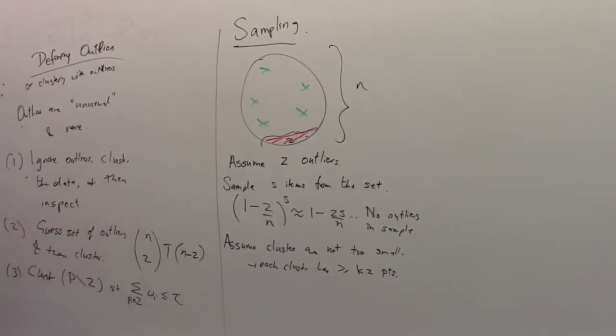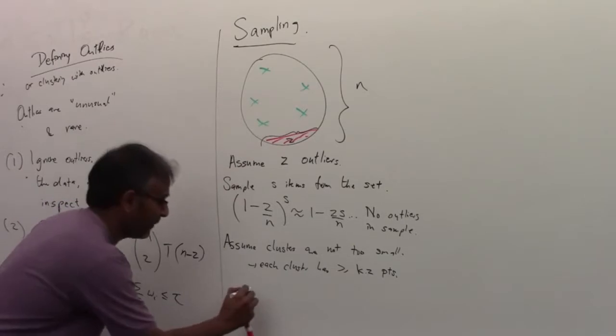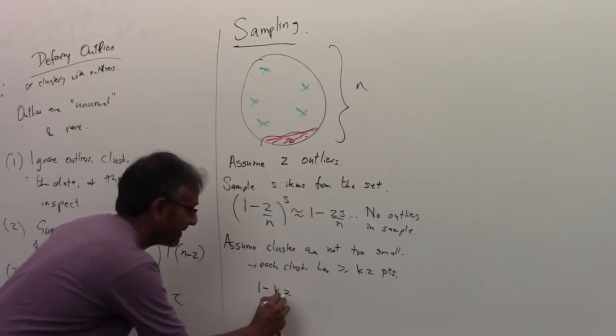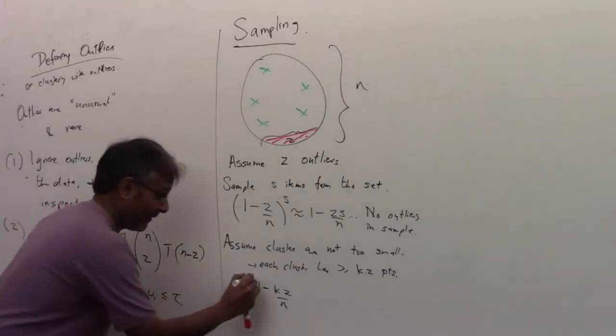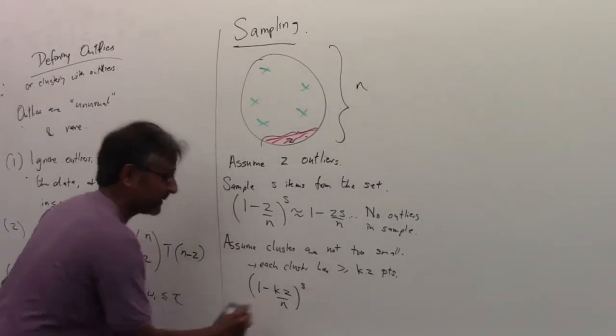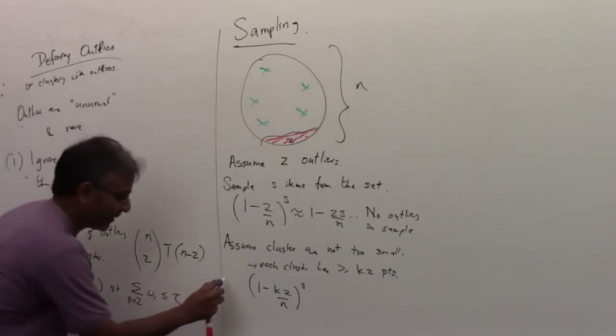The cluster has kz points. The probability of missing it is 1 minus kz over n. In the case of outliers, you want the sample to miss every point in the outlier set. Here you want the sample to hit at least one. So the bad event is missing all. To miss all, we've already seen this, will be something like this. Therefore, the probability of hitting at least 1 point in a cluster is going to be this.